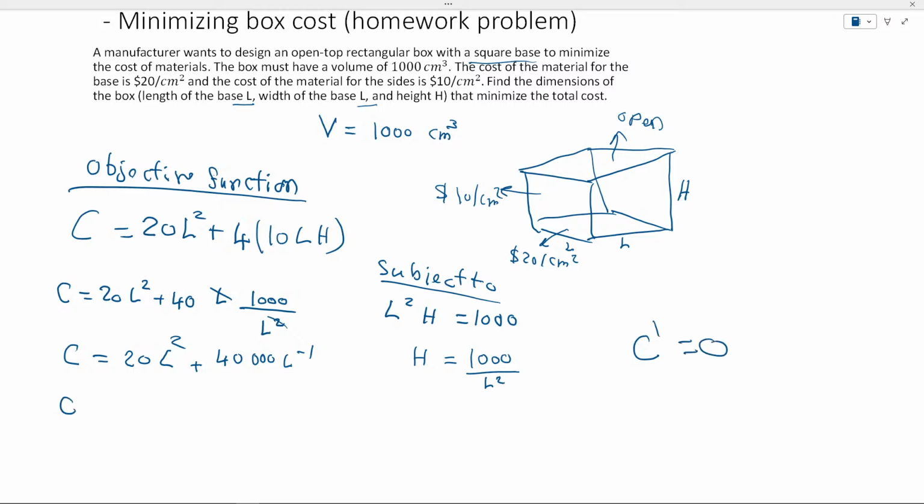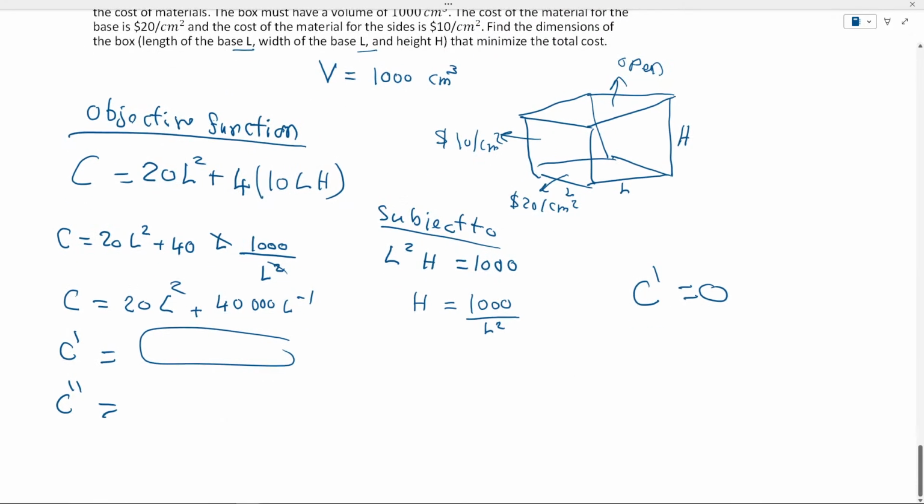So you find your first derivative, and whatever you get there, you make it equal to 0. Then you solve for L. Once you know L, that's easy. You can substitute here and you get H.